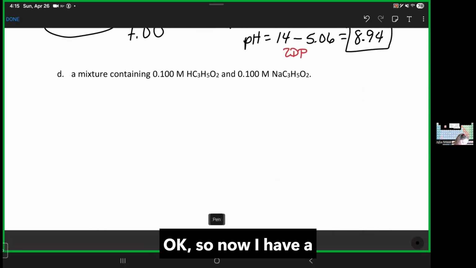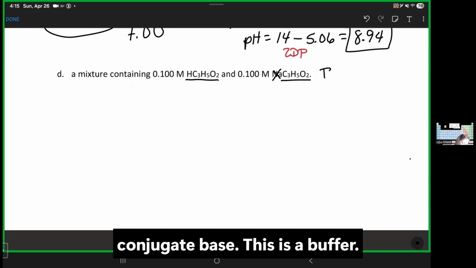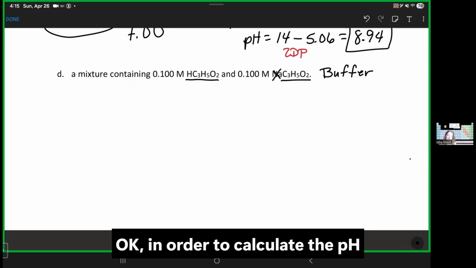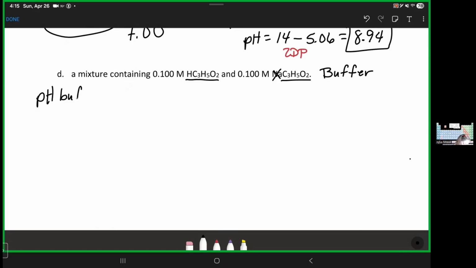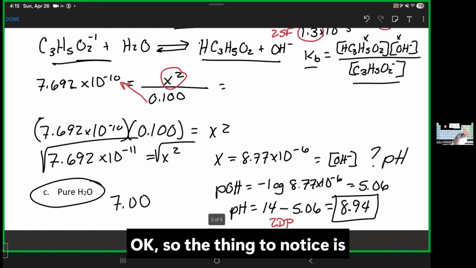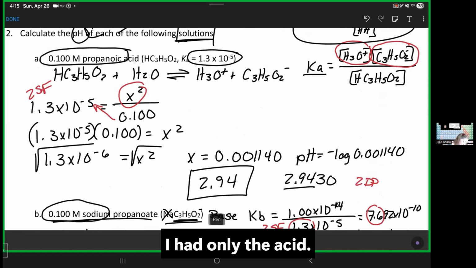Now I have a mixture containing an acid and a conjugate base. This is a buffer. In order to calculate the pH of a buffer, the thing to notice is that up here, I didn't have a buffer. I had only the acid.